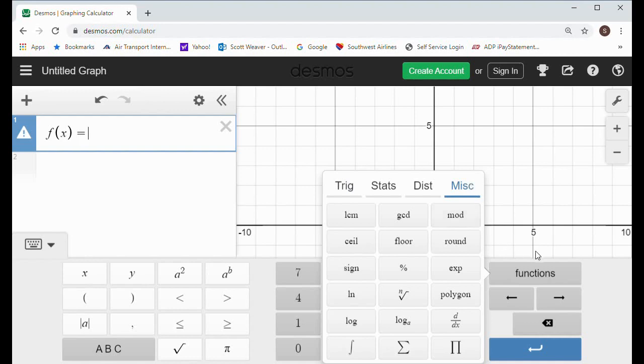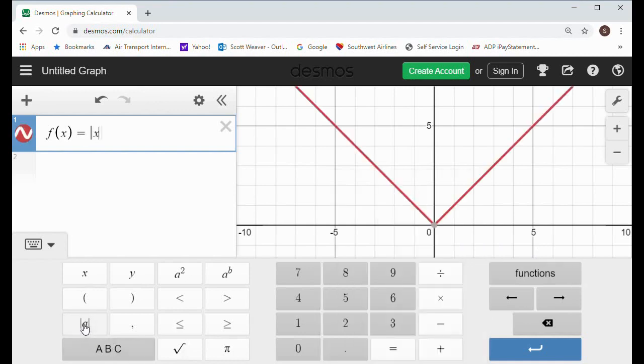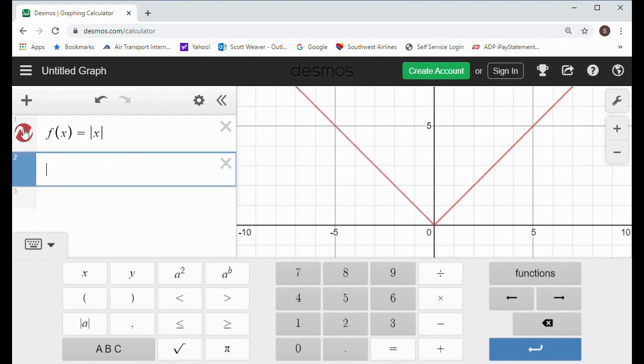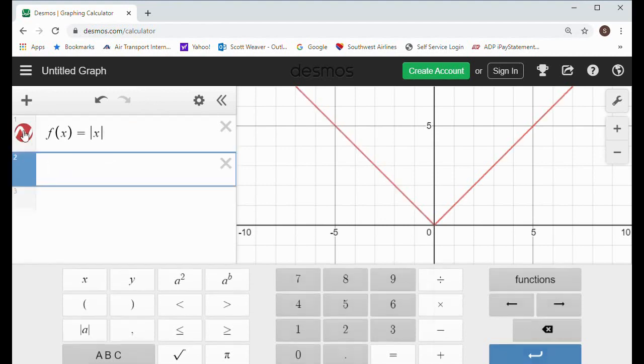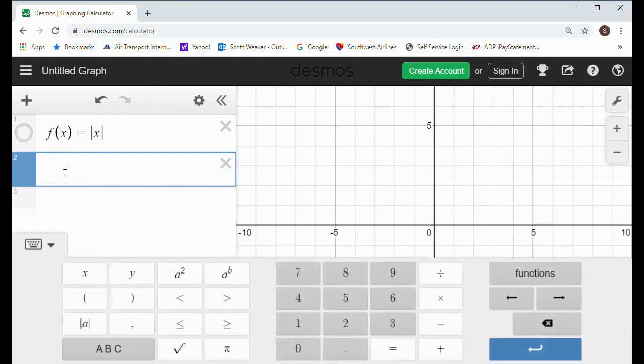I guess it's not actually there. Oh, there it is. Oops, silly me. It was there the whole time. Or if you're doing it on a keyboard, it's easy. You can do shift and then backslash, which will give you the absolute value, or you can just type in ABS. But in any case, there is the original function. Now I'm going to take it off the screen so that I can look only at transformations of it.